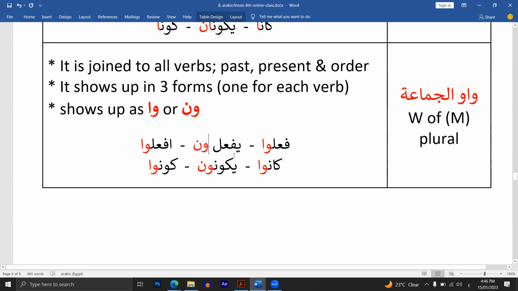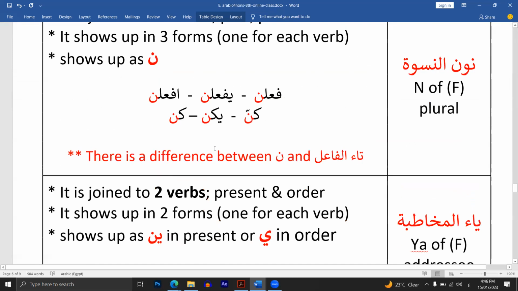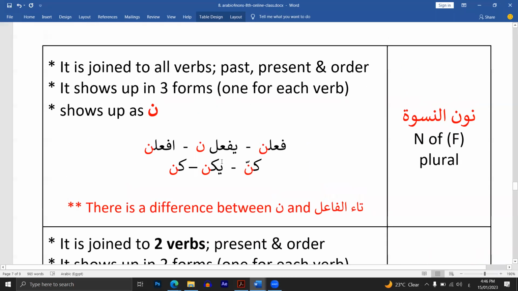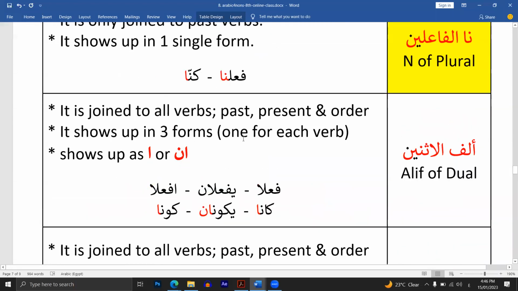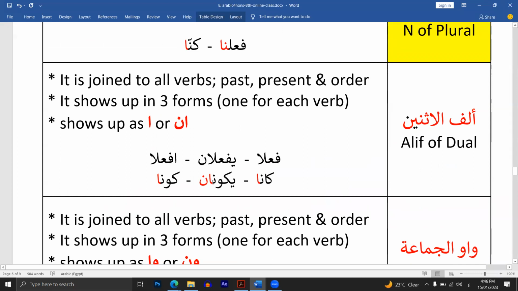So here, this is a verb, right? يفعل. The first letter after the verb will tell you which pronoun we are talking about. Here is waw, so we are talking about waw al-jama'a. Okay. Here, it's noon, so we are talking about noon niswa. Here, yakun, just get the verb. This is the original verb, right? Yakun.